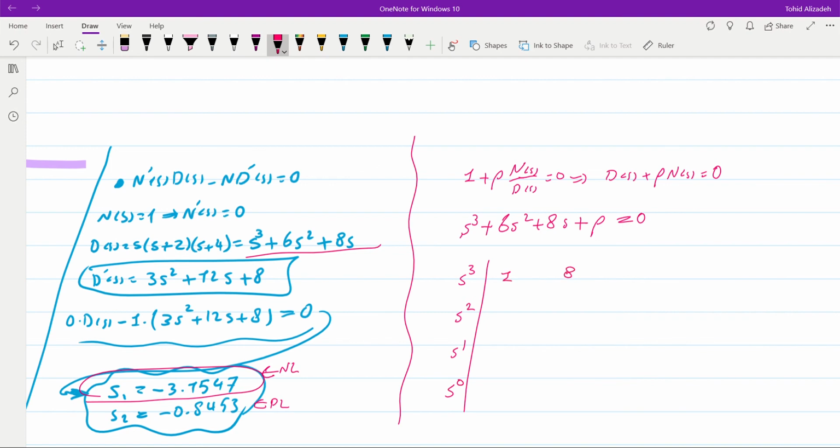1, 8, 6 rho, and then we will have minus determinant of 1, 6, 8 rho. Let me just find out the exact value over here. 1, 8, 6 rho.